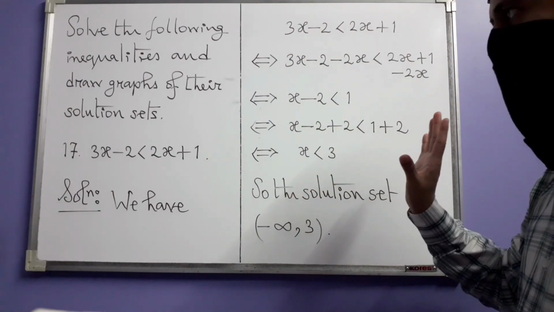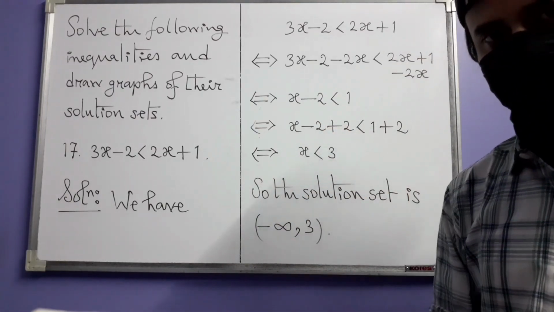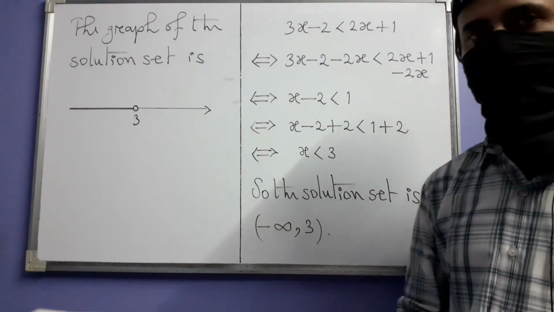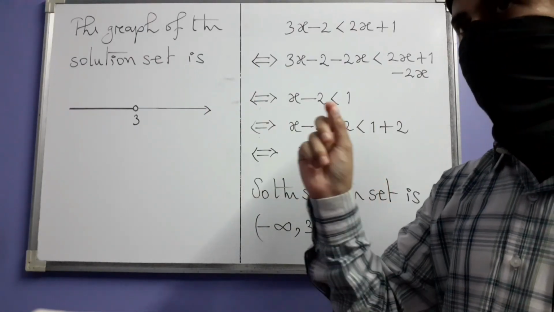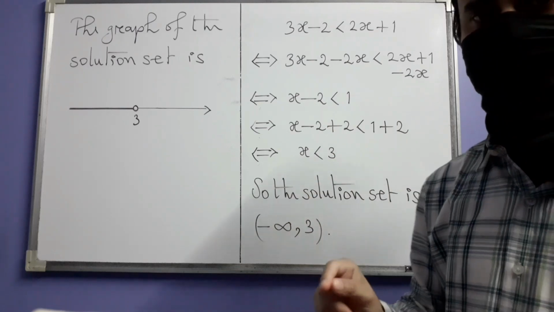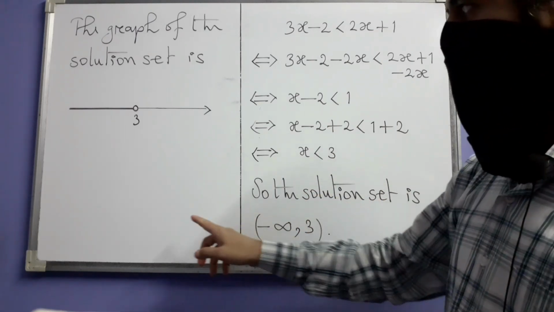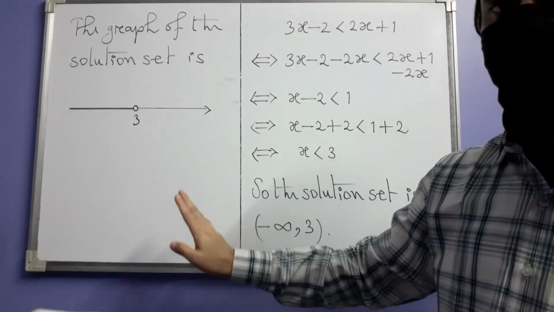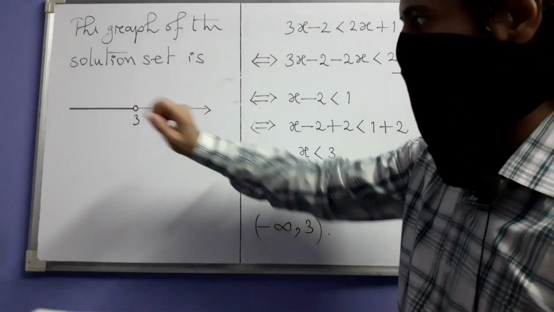So, this is our solution set, and now we need to draw its graph as well on the real line. And the graph of the solution set is this. We need those points that represent the real numbers which are less than 3. First of all, you have to locate 3 on the real line, say here.